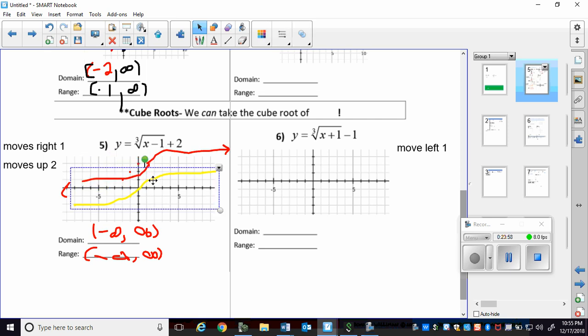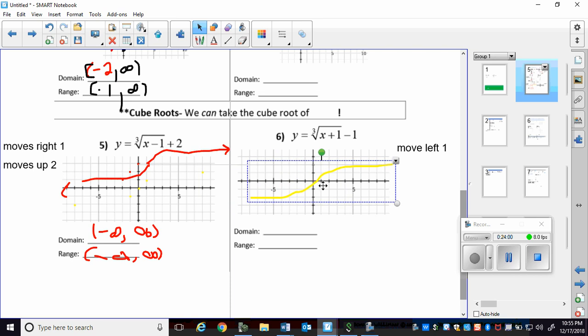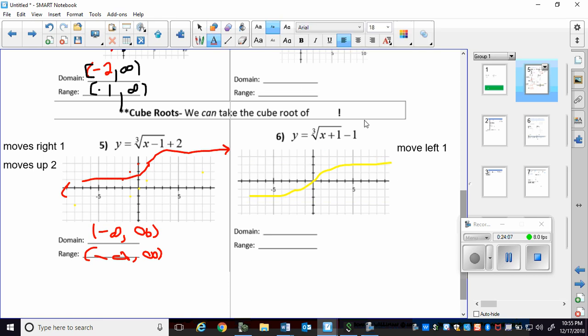Okay. So I'm going to take my parent function over here, and I'm going to move left 1, down 1. So left 1, down 1. So I'm just going to draw over it and move the object.